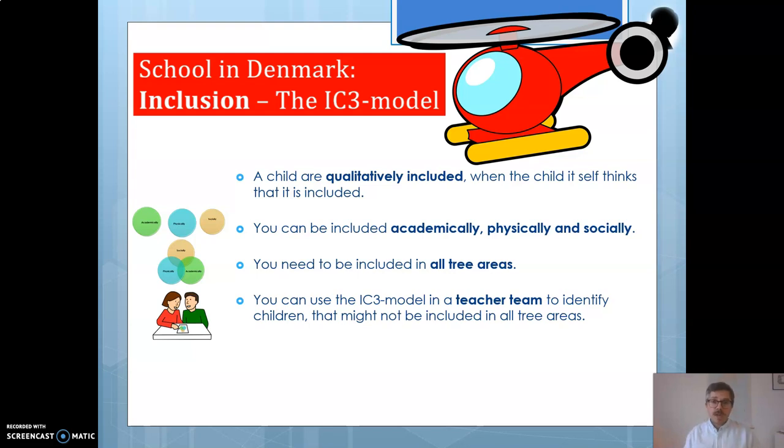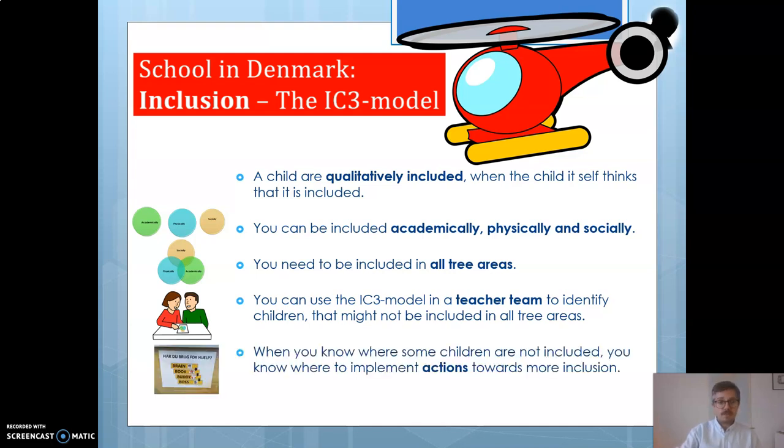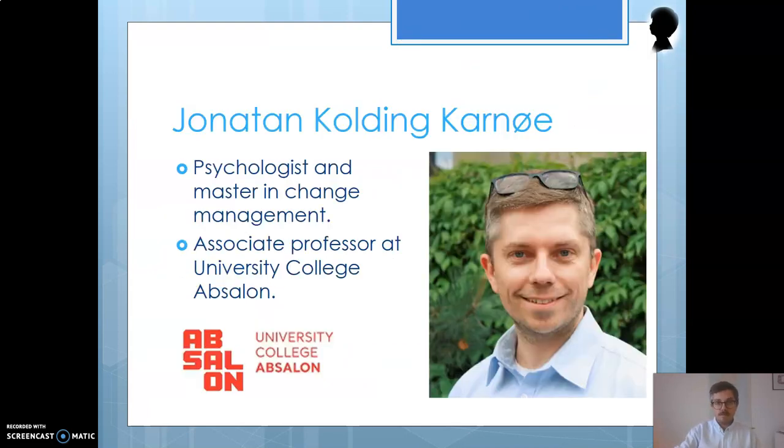You can use the IC3 model in a teacher team to identify children that might not be included in all three areas. And when you know where some children are not included, you can know where to implement specific actions towards more inclusion. That was the theory of Alenkær, the IC3 model.